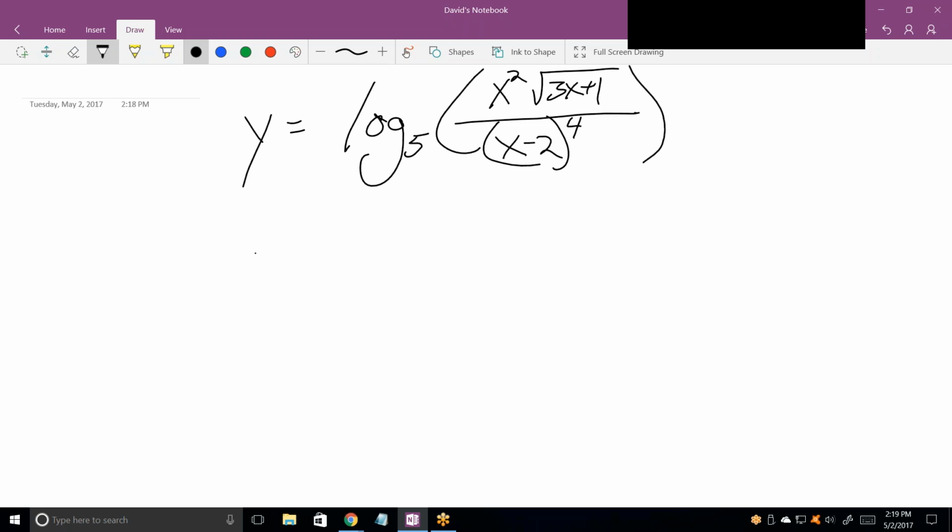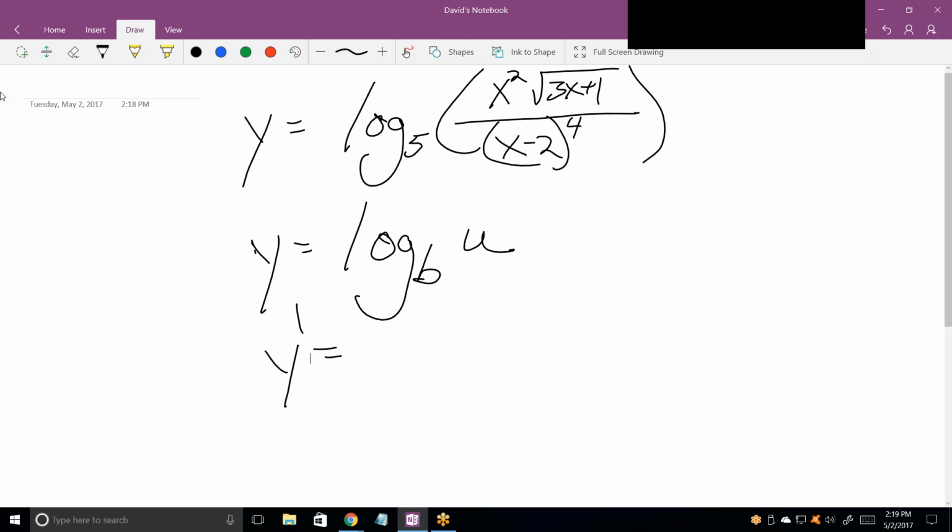Well, first of all, let's start with this. What's y prime equal to if y is equal to the log base b of u? It's the derivative of the outside times the derivative of the inside.